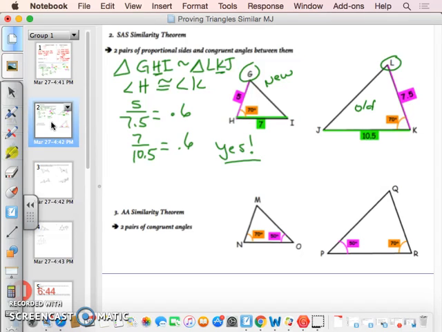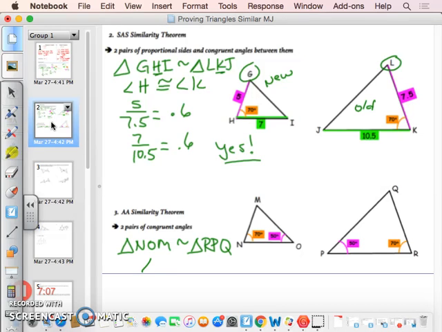All right, the next theorem is the angle theorem. And so what I can see is that if two pairs of angles are congruent, then the triangles are similar. What you can see here is these two. So I'm going to say triangle NOM is similar to triangle RPQ.